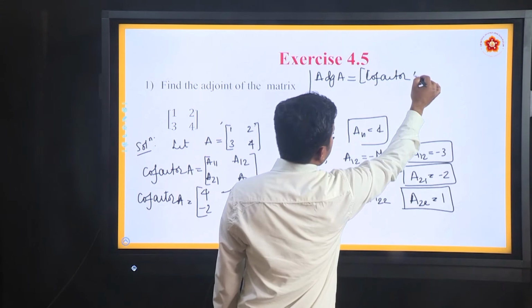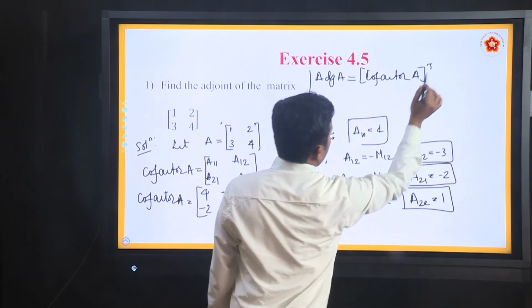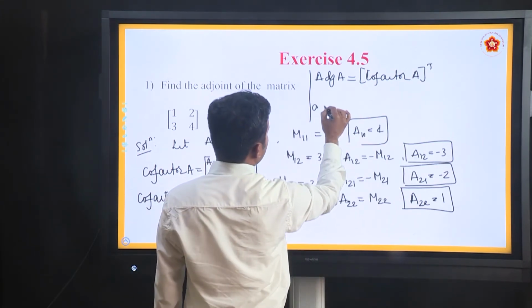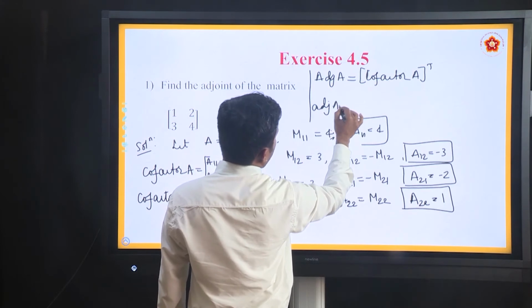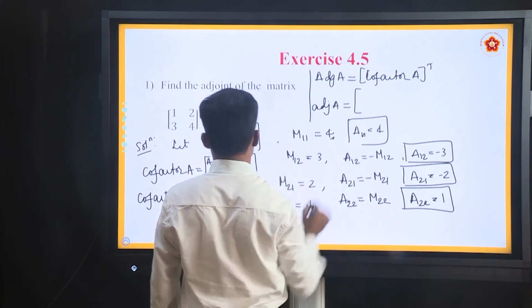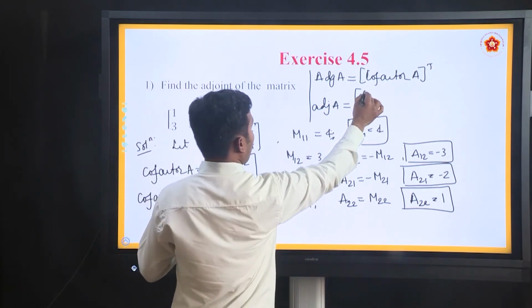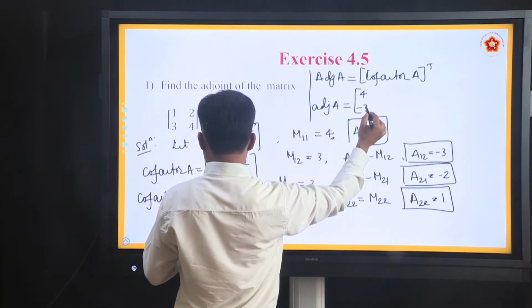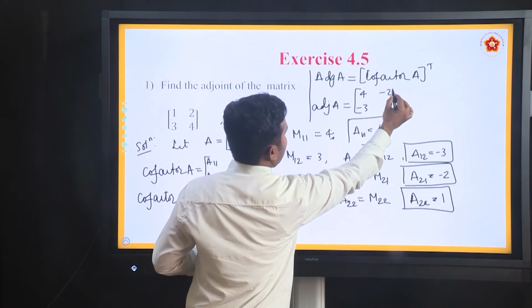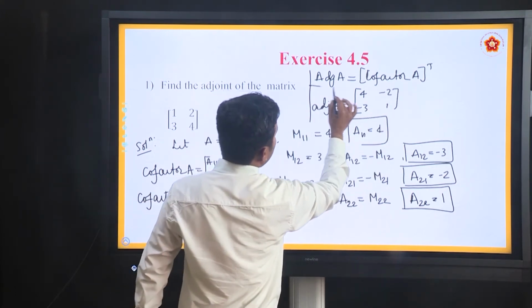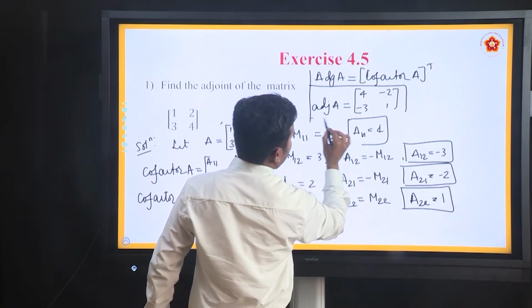Cofactor of matrix A, its transpose. Then adjoint of A is equal to, you take the transpose of this, 4, minus 3, minus 2, 1. See, this is the adjoint of the given matrix.